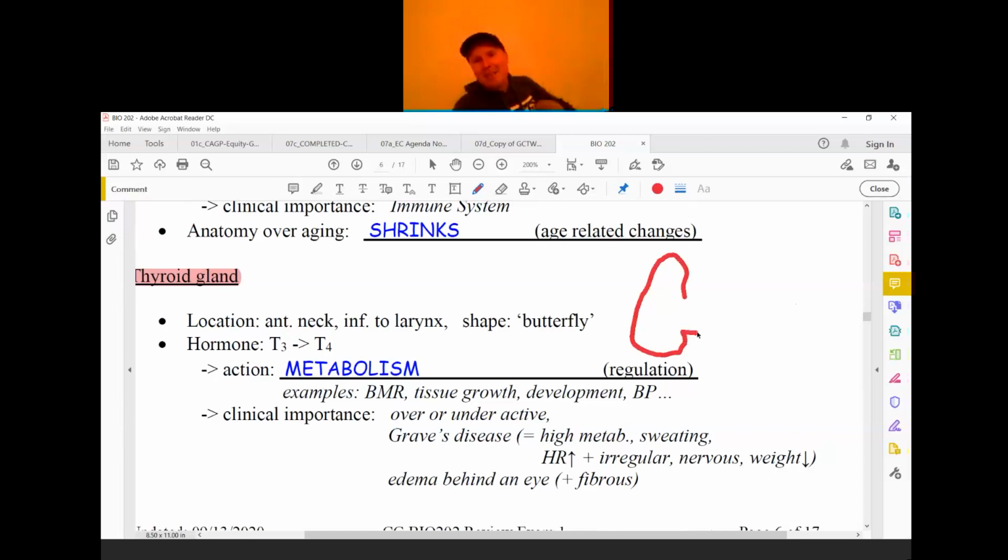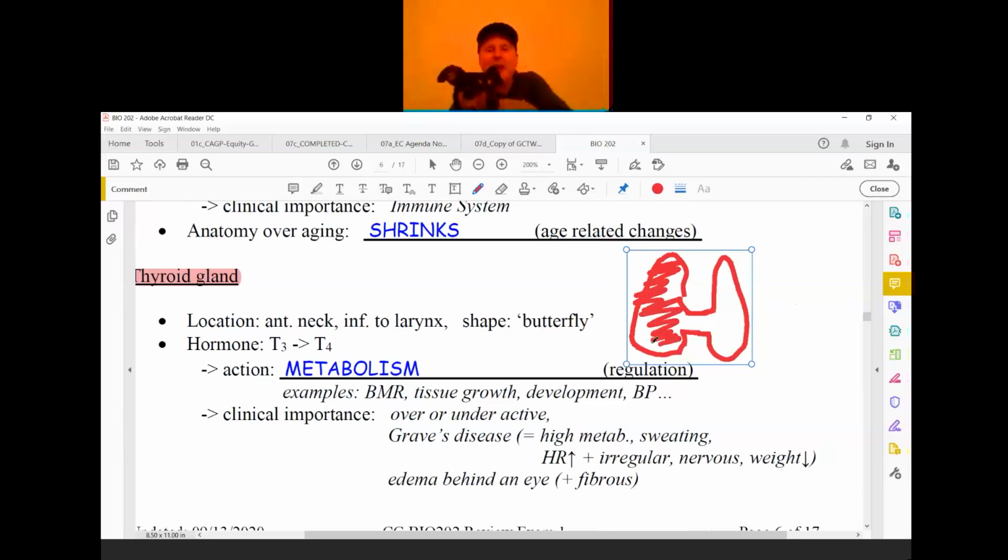But the butterfly shape refers to the fact that the thyroid gland has two lobes that are connected by a thin bridge. And the thin bridge is called the isthmus.